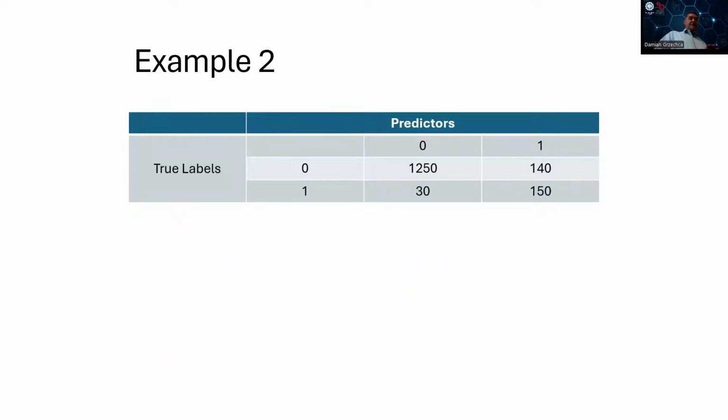Now I have changed the data set a little, because example number 1 has 40 right here and 250 over here. So I moved 100 elements from the false negatives to false positives.